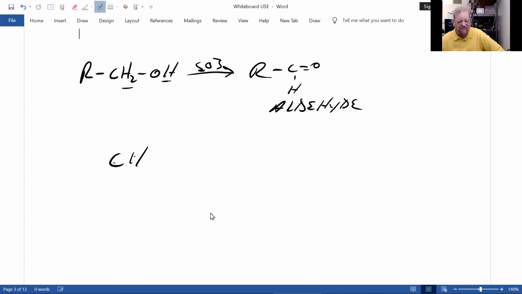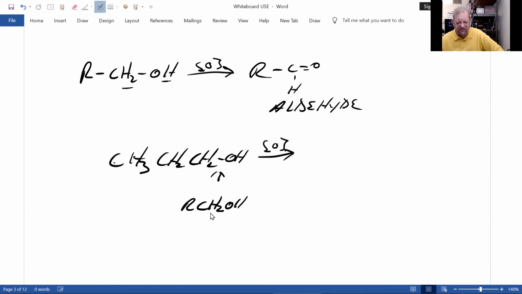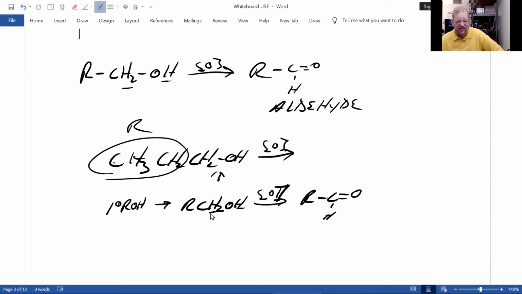And therefore, if I take this, what do I have? A primary alcohol, and I'm oxidizing it. Lose this and this, and I'll make an aldehyde. The carbon with the hydroxyl group becomes my carbonyl carbon, carbon double bond to oxygen.